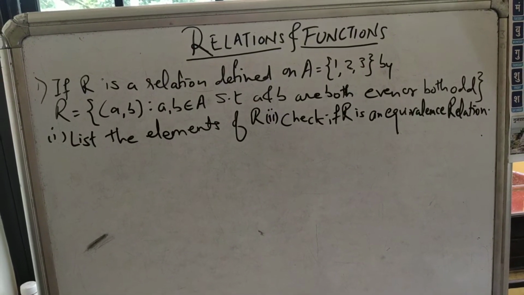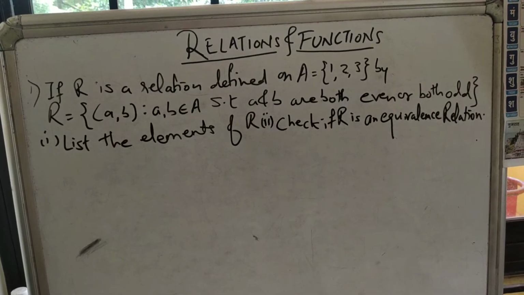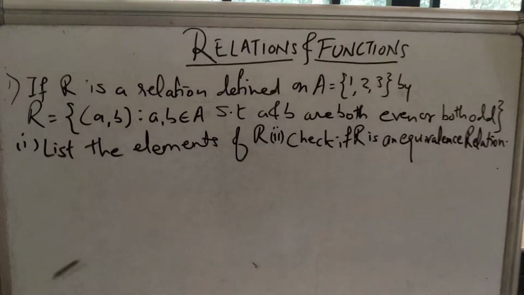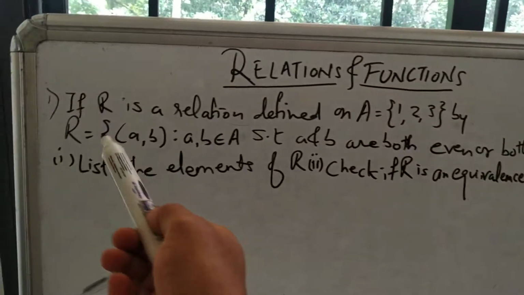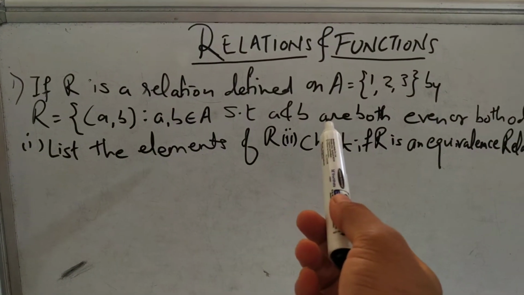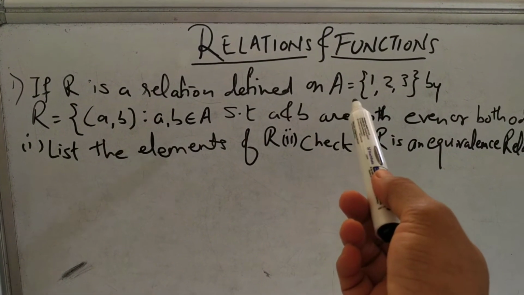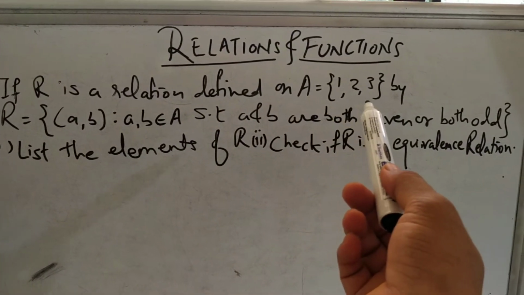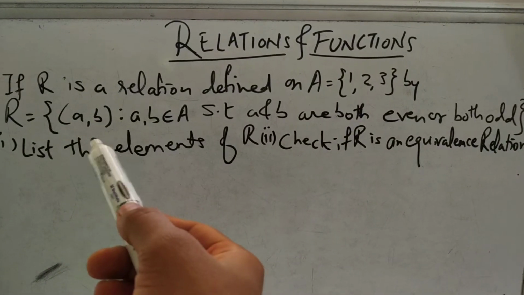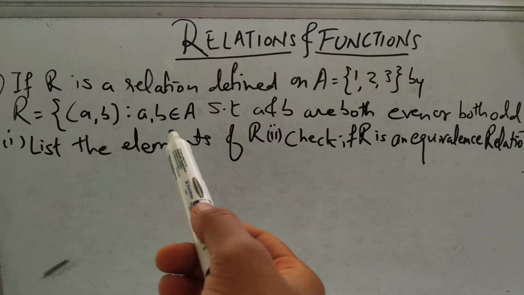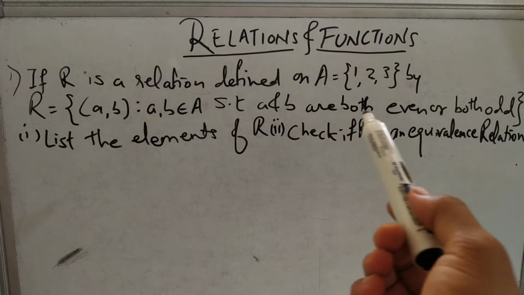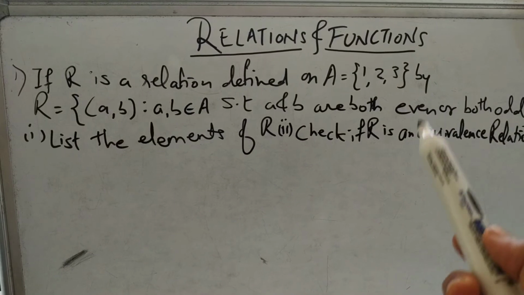To understand this concept of reflexive, symmetric, transitive, let us solve one example. Here I present a problem before you. If R is a relation defined on A, a set containing elements 1, 2, 3, by R equals the set of ordered pairs (a, b), where a and b belong to A, such that a and b are both even or both odd.